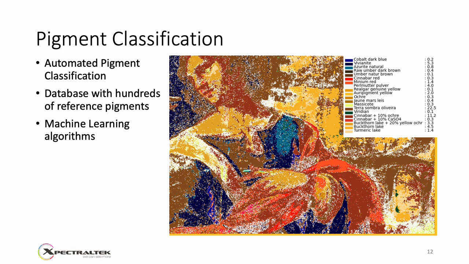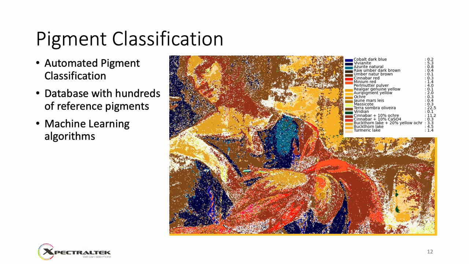Following the generation of the spectral cube, the platform is also triggered to start pigment classification analysis. This is achieved through machine learning algorithms that have been trained on a large reference database that is constructed in our premises. This classification process is fully automated and is able to provide for each pixel the most related correlation with the reference database.